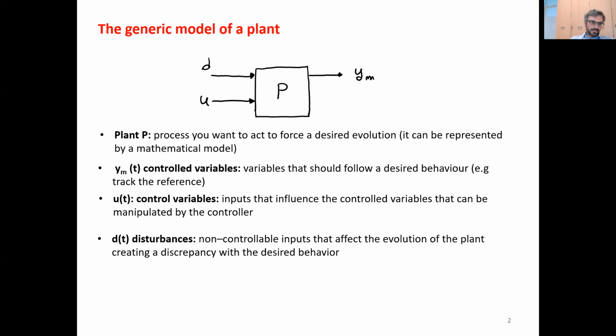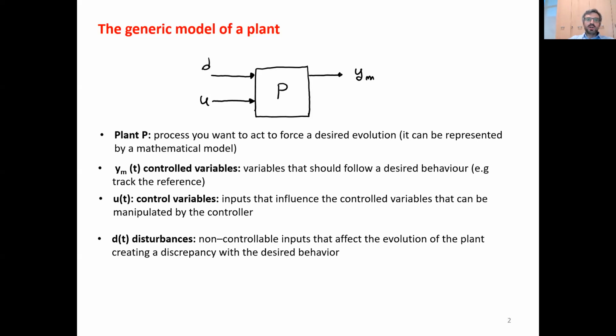Finally, d are what are considered disturbances to the system. We saw that there can be more inputs to our system that have different effects. One of the inputs of our system is the control variable u coming from the controller.